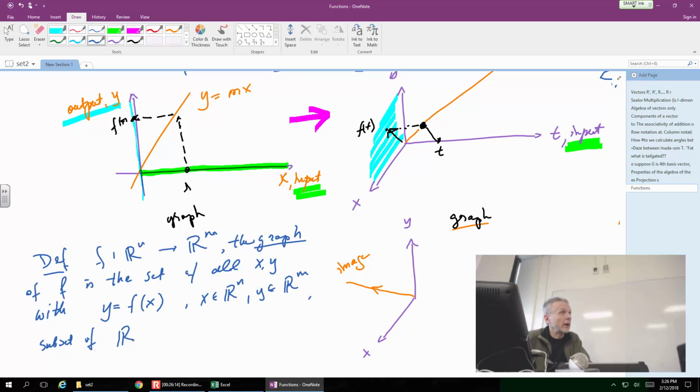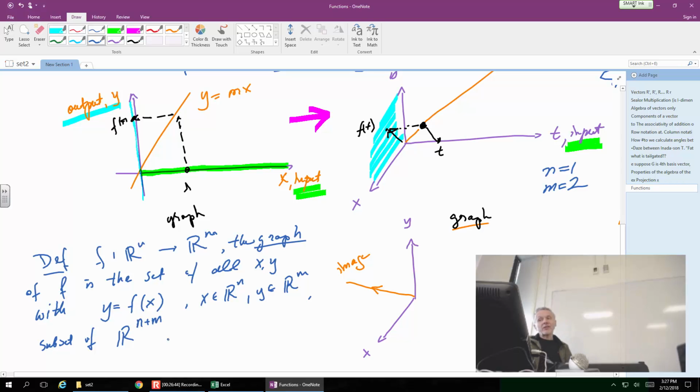It is 3, where n is equal to 1 and m is equal to 2. And the graph lies in what space? Three-dimensional space. So how do we get 3 from 2 and 1? Is it n plus m? N plus m, yes.